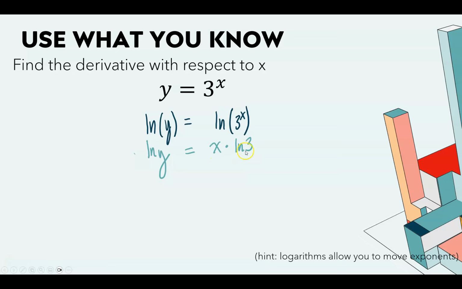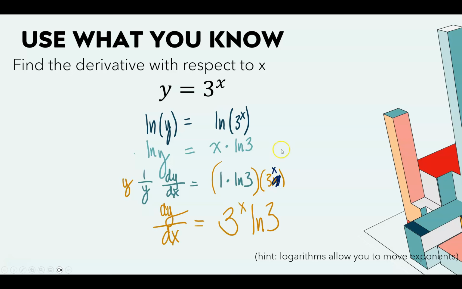So the derivative of a constant, natural log of 3 times x, is that constant times 1. So the derivative of natural log of y is 1 over y dy dx. And we'll multiply both sides by y, literally y on the left, and what y is equal to, 3 to the power x, on the right-hand side. And the derivative of 3 to the power x is 3 to the power x natural log of 3.